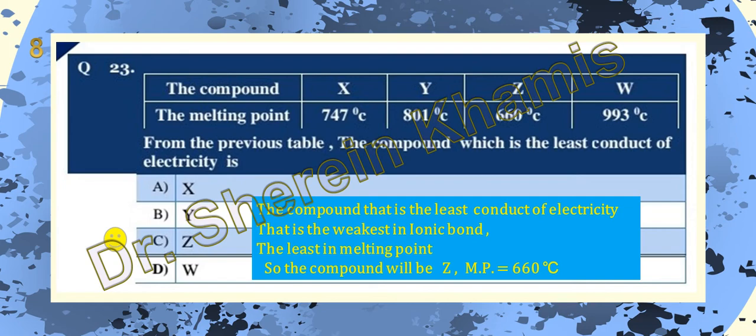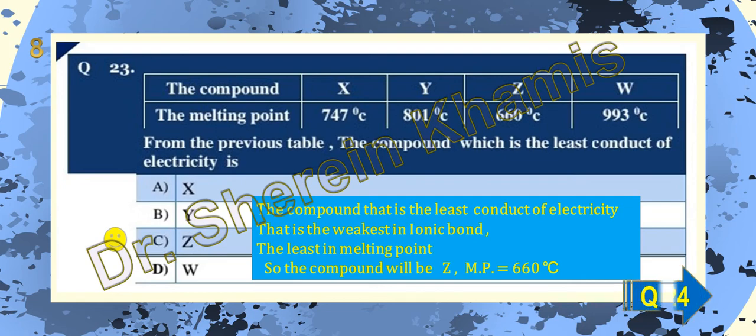If we want to know the compound with the highest electric conductivity, we see that W is the strongest one making an ionic bond, as W has the highest melting point, so it will conduct electricity at a high rate.